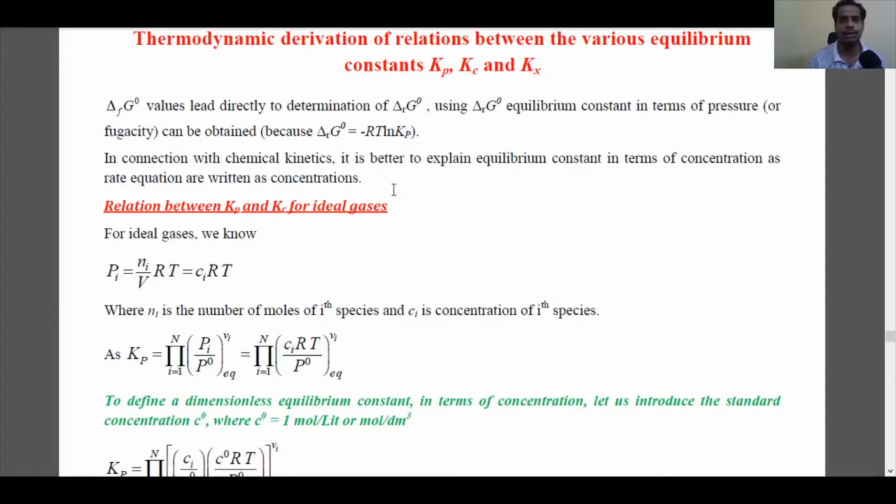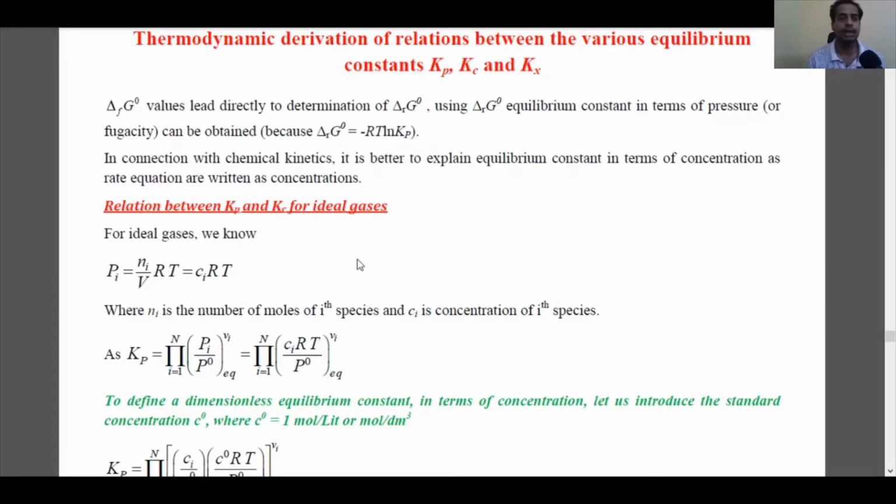Similarly, for certain other scenarios, equilibrium constant in terms of mole fraction may be more relevant than in terms of pressure. So there should be a way to convert the equilibrium constant in terms of pressure to the equilibrium constant in terms of concentration and mole fraction. We will discuss that.